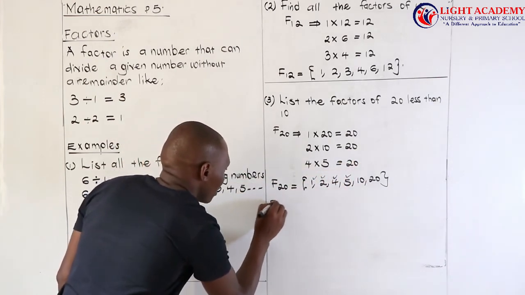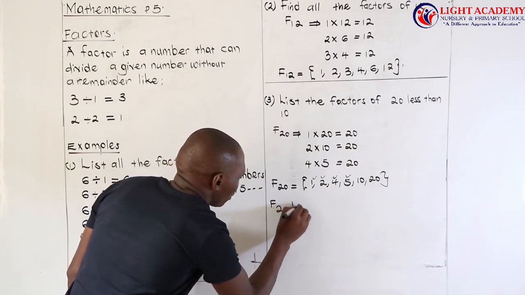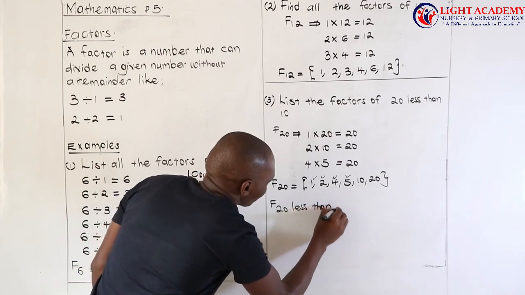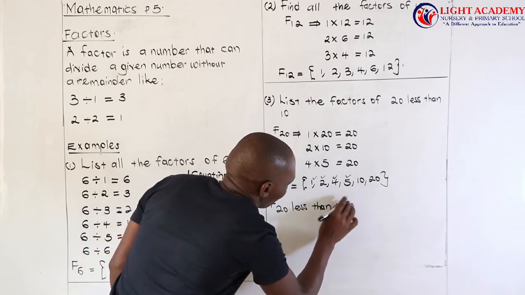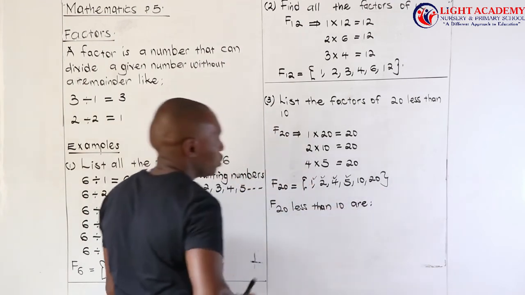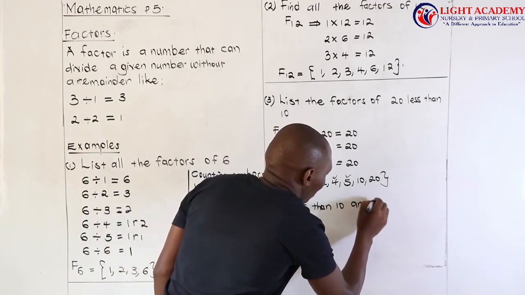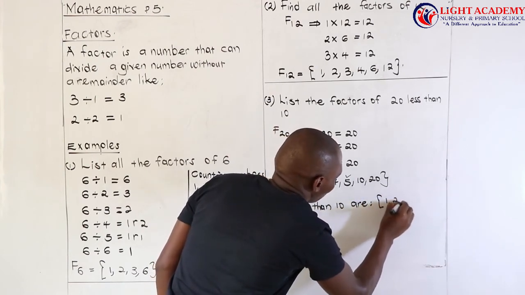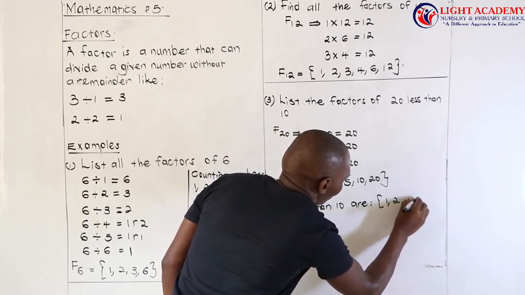So I would say factors of 20 less than 10. I can just mention them or put them in brackets as well. The first one is 1, 2, 4, and 5.